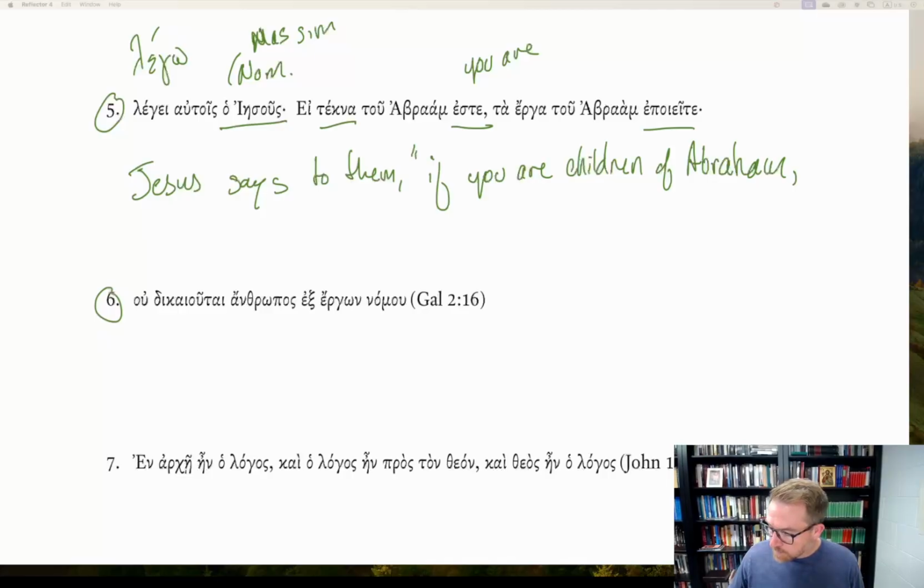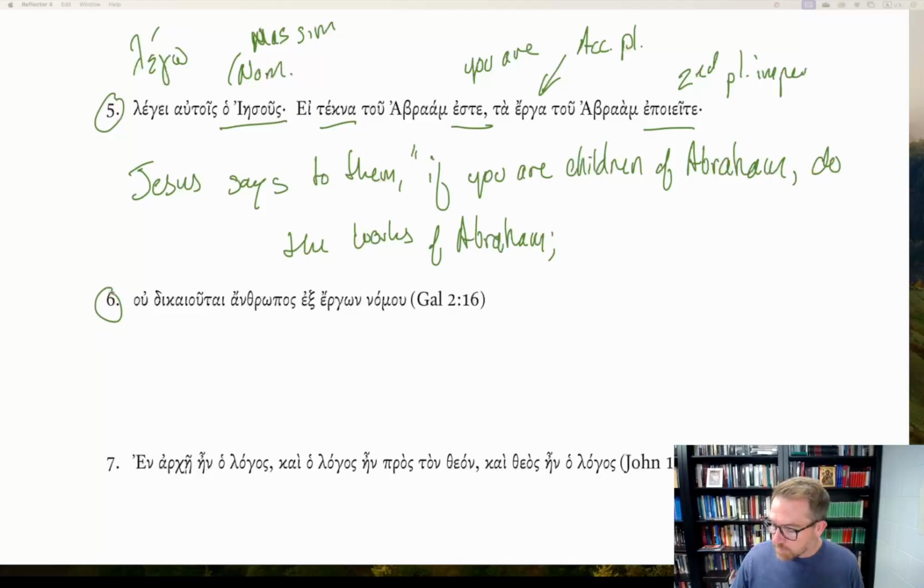Do the works, ta erga, the works of Abraham. So notably in this case, ta erga is an accusative plural, and you is the subject of the second person plural imperative, which we haven't seen imperatives yet, so just don't worry about that. But you translate the sentence, Jesus says to them, if you are children of Abraham, do the works of Abraham.